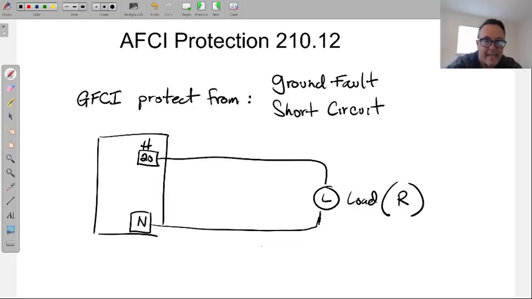A short circuit is you've shortened the route between the hot and the neutral. Now, are the hot and the neutral together? Yes, they're together at the load. They're not touching. You're not touching the hot and the neutral together. The light bulb is using the hot and the neutral.